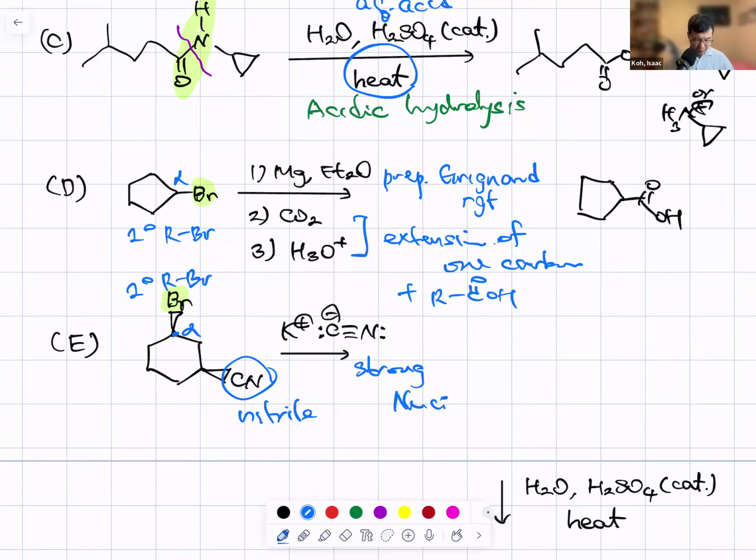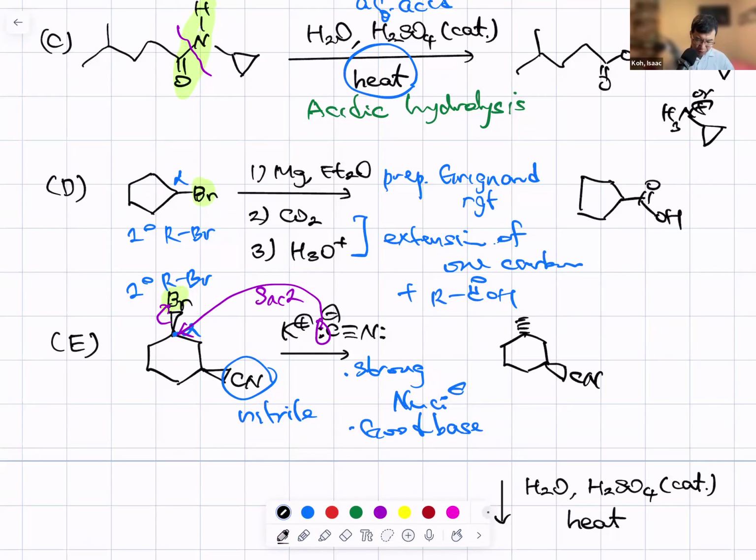And this is also a good base, not that strong a base, but a good base. And here we have alkyl bromide, and the SN2 reaction will occur, forming a dinitrile.